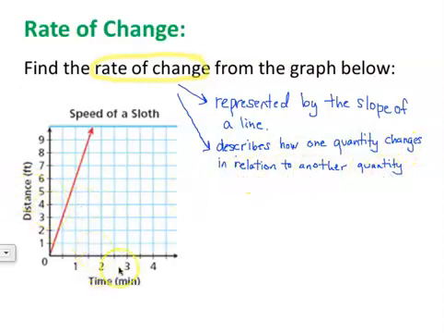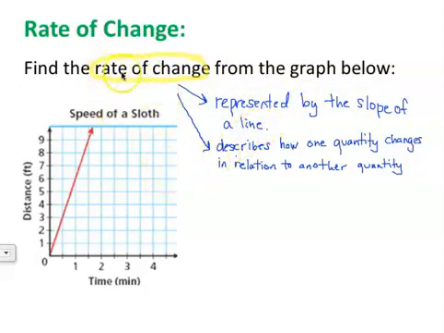Looking at this graph, the rate of change is comparing the time and distance that the sloth travels. And again, it's really just the slope of a line. Rate of change is represented by the slope of a line.